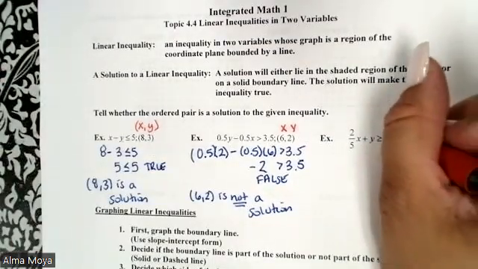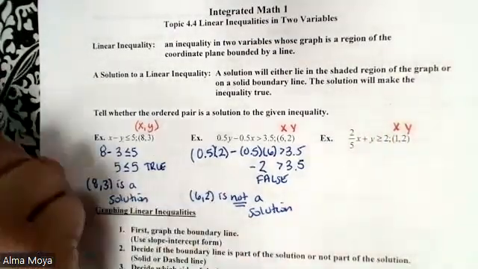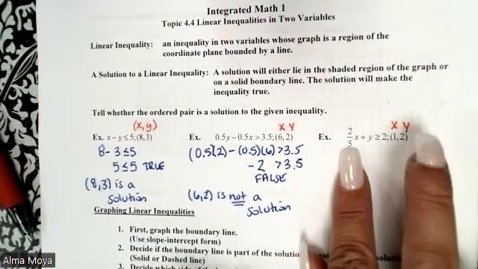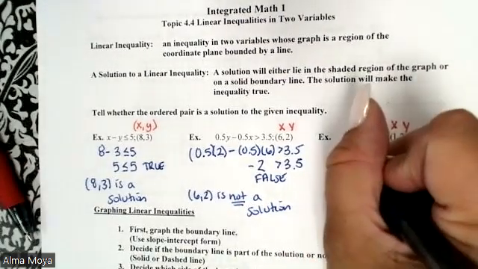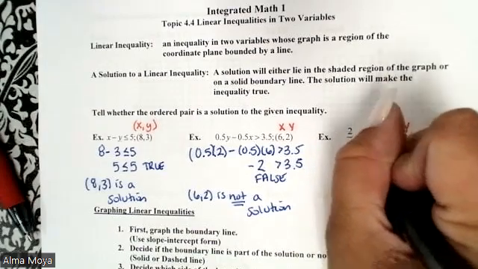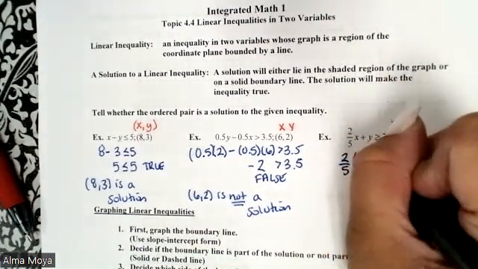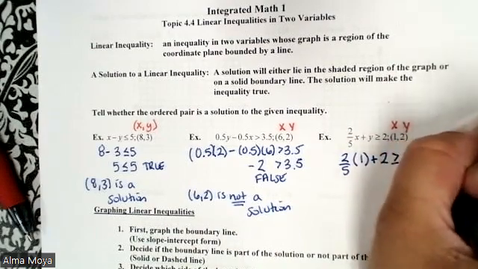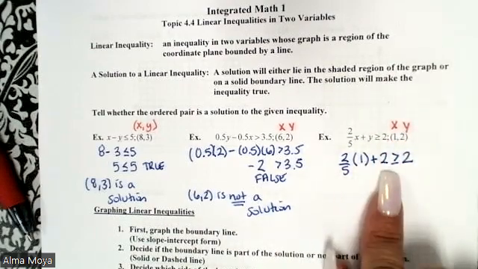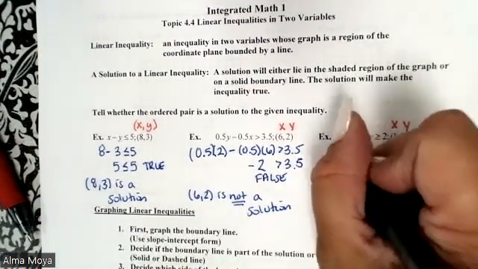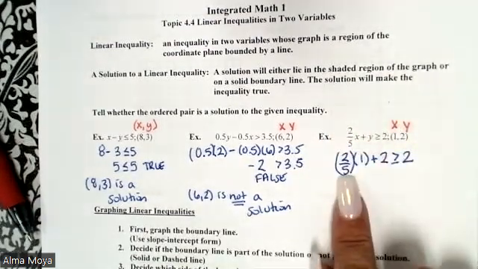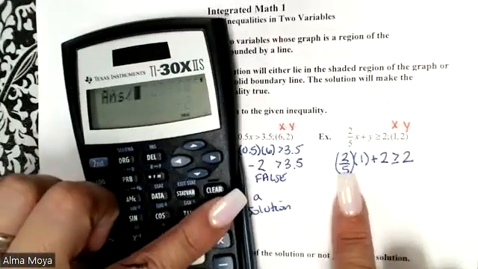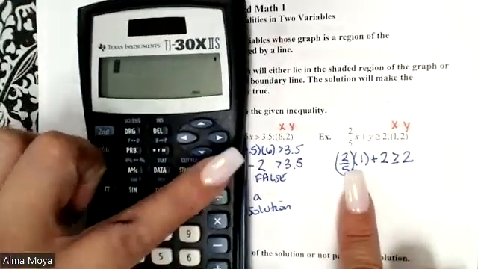Next one. So there's an inequality. There's a semicolon separating the inequality from the point. This is going to be 2 over 5, X is equal to 1, plus the Y is equal to 2, is greater than or equal to 2. I'm going to type this in the calculator. When you type this in the calculator, make sure you put that in parentheses. You can use the fraction key if you want. I'm just going to type it in like this because I know it's going to calculate it correctly.